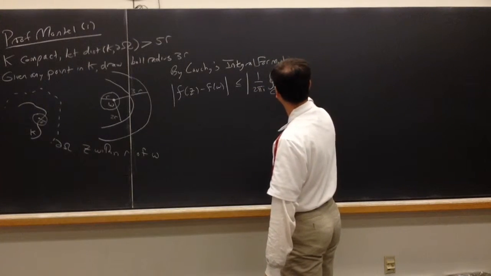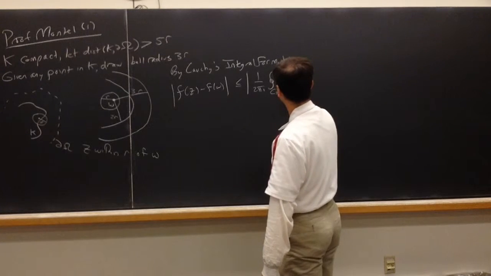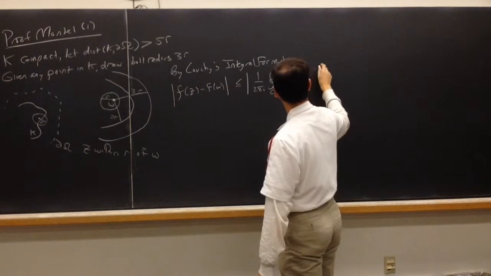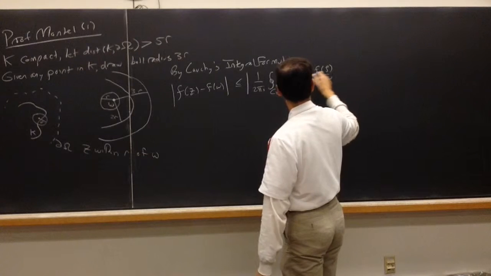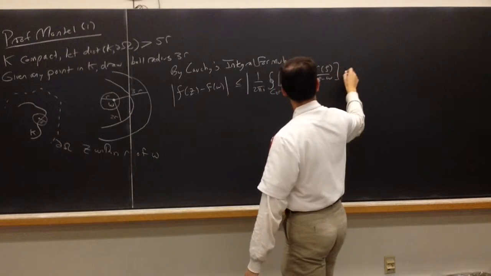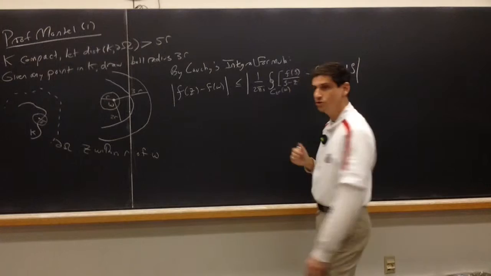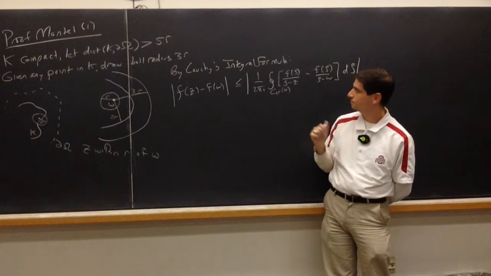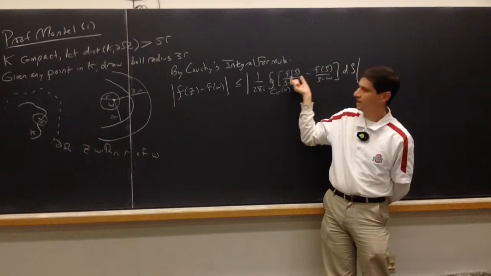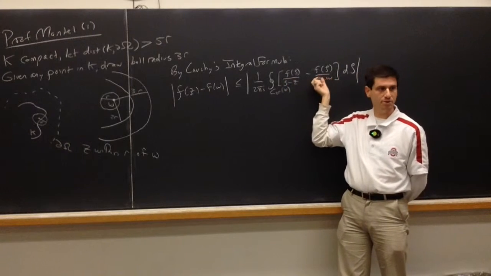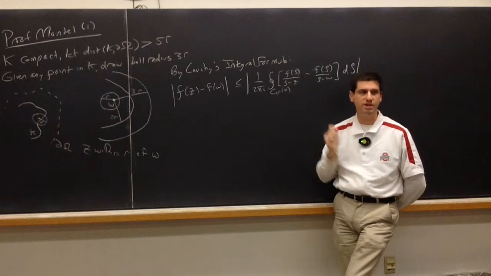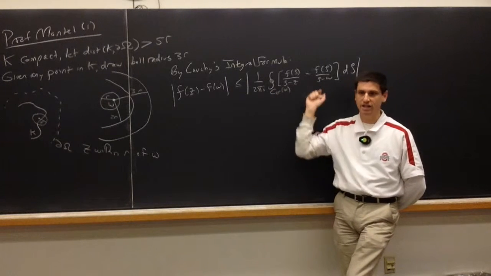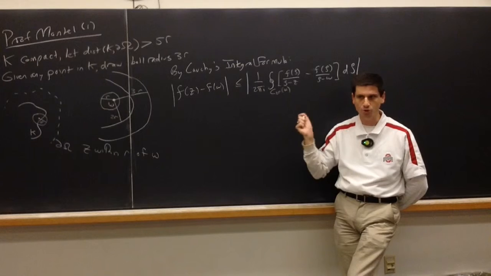And then it'll be f of zeta over zeta minus z minus f of zeta over zeta minus w, d zeta. So this is the Cauchy integral formula. This is going to give me f of z. This is going to give me f of w. And we can write this down because we're being very careful and we're staying inside omega, so Cauchy's formula holds.